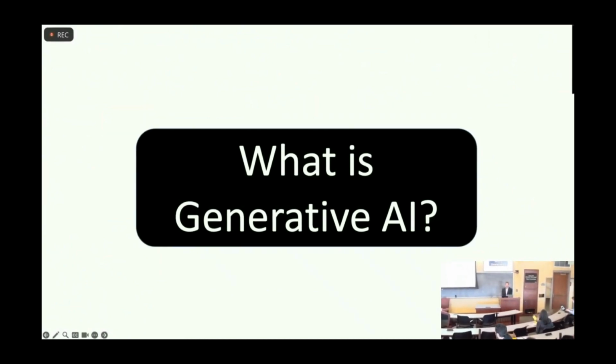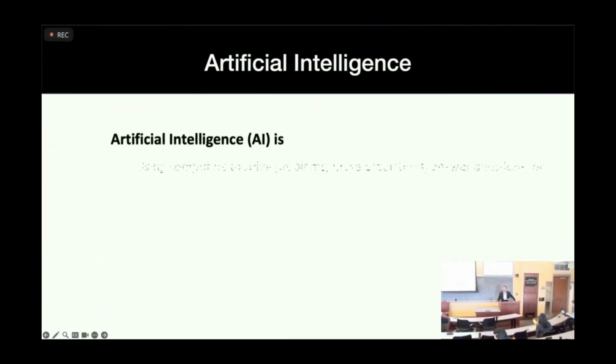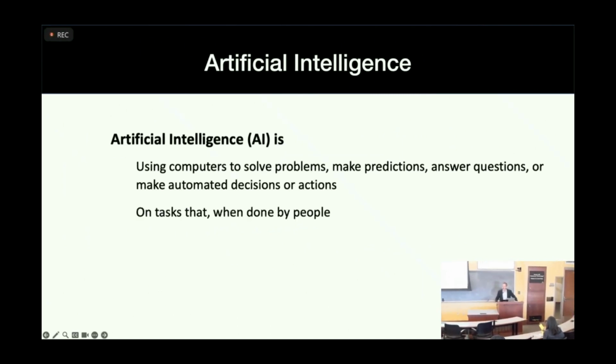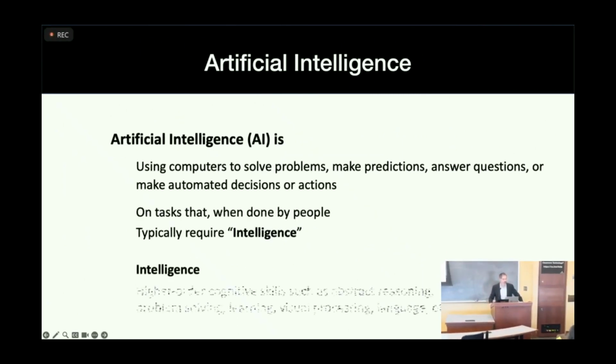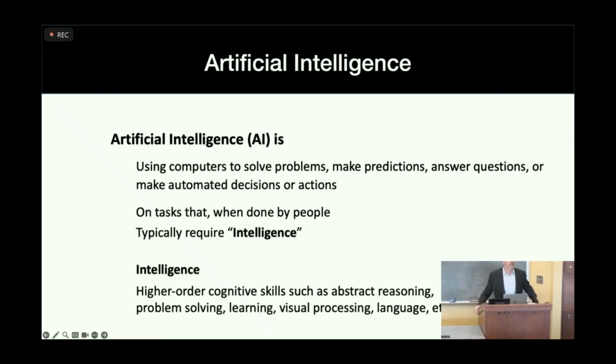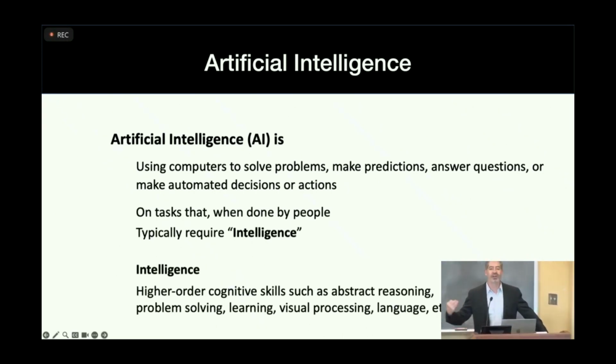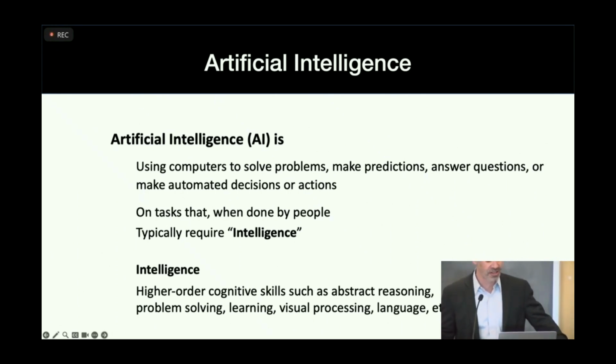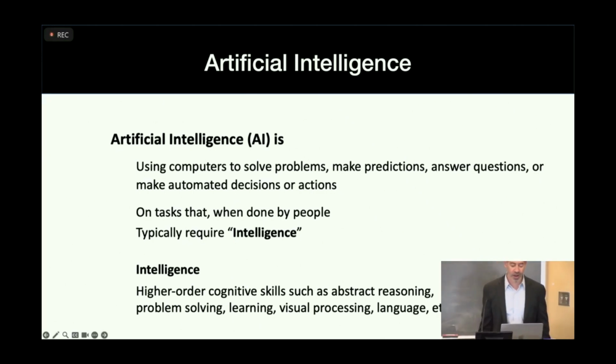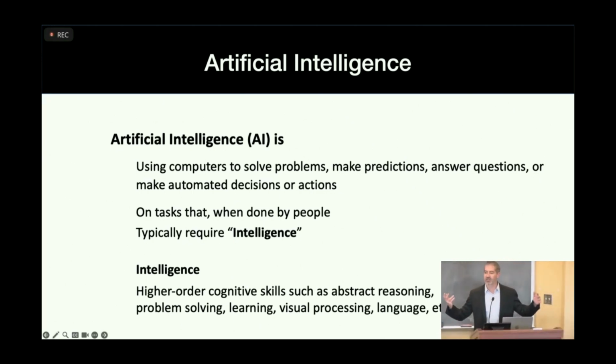What is generative AI? Well, a more basic question is, what is artificial intelligence? There's no agreed upon definition of artificial intelligence. Lots of people will have their own. But I find one useful definition is the following. Using computers to solve problems, make predictions, answer questions, or make automated decisions or actions in the kinds of tasks that when humans do them are thought to engage intelligence, higher order cognitive activities.